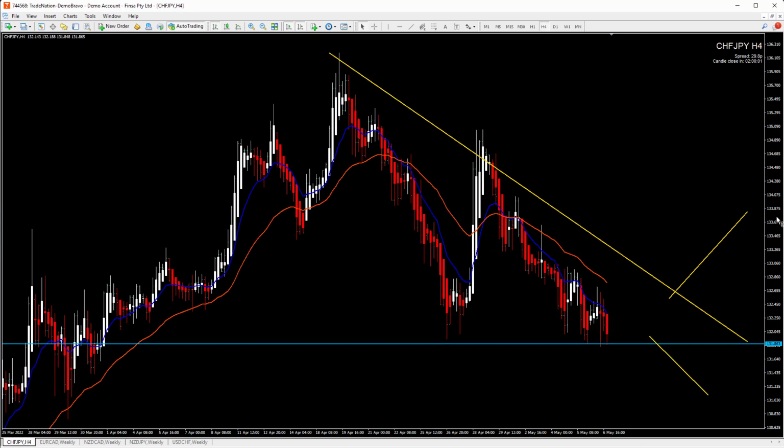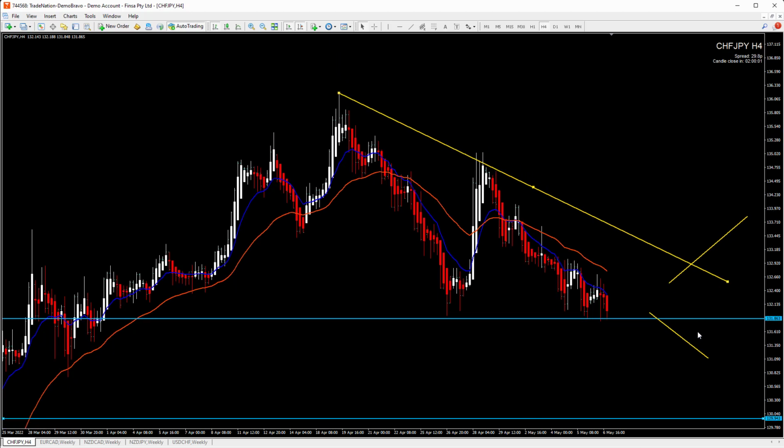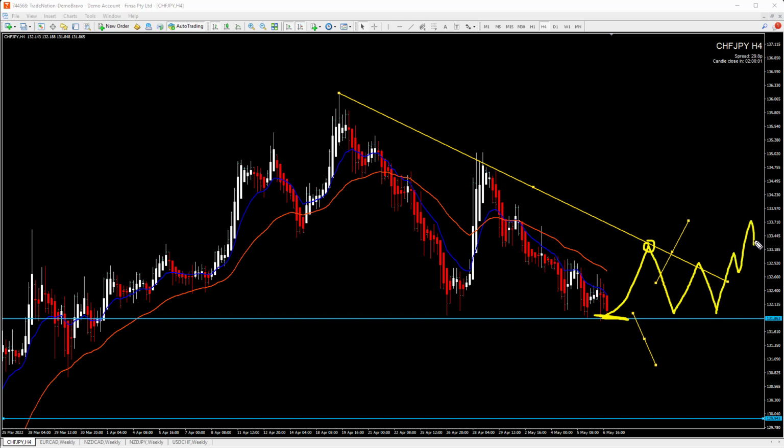So we go to lower time frames and we can adjust our 2 to 3 line. This is our line here. Like I said, we wait for breakouts, but what else can we do here? If price decides to bounce on this support, we can have another up move back to this trend line, and then price might be squeezed between those two levels before we have breakouts in both directions.